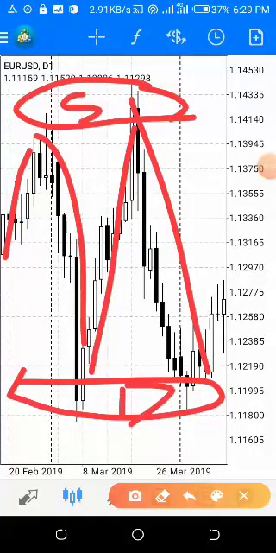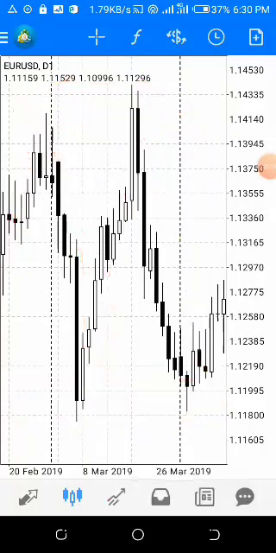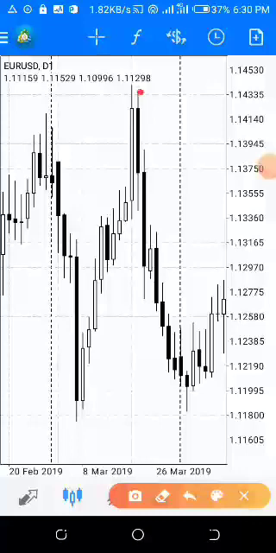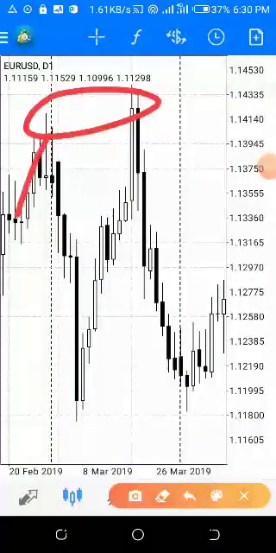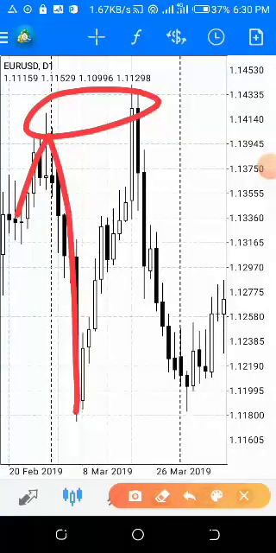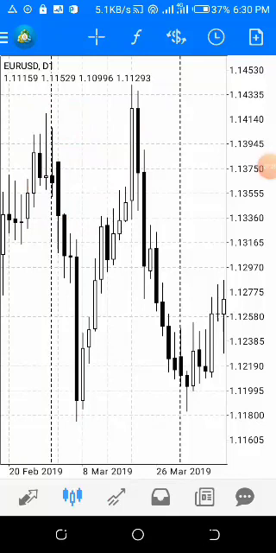All right, so now we said that to know how strong a particular zone is is based on how swiftly price moves in and out. And as you can see here, at this zone, as price touched this supply zone, price swiftly moved down. You can see there is no bullish candle in between.